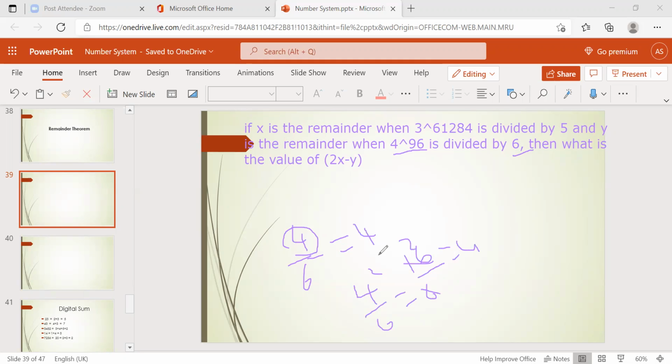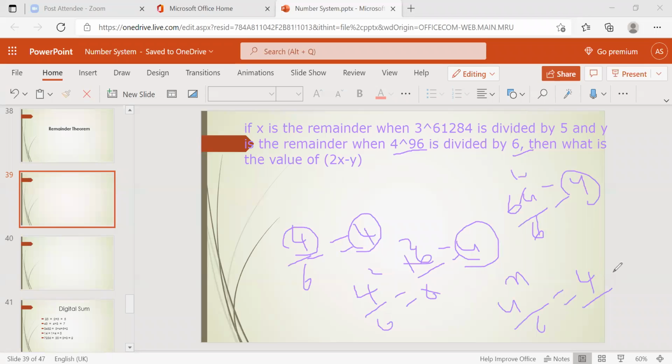Then 4 power 3 is 64 by 6, so it is also remainder 4. So you just observe here, if you are dividing 4 power n by 6, the remainder will always be 4 only. So this is fixed. This is a very important concept, so remember this.